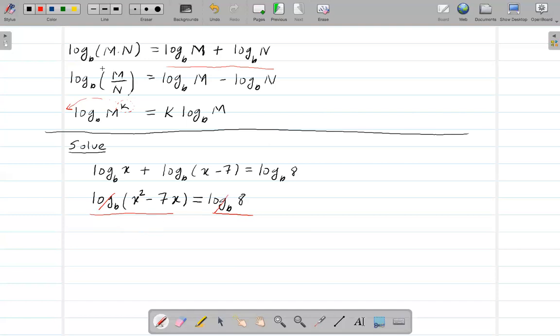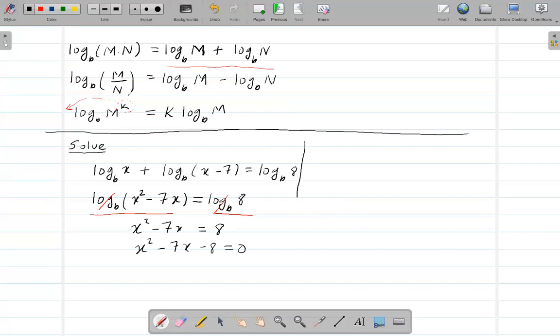So on the left-hand side, we're just going to have x squared minus 7x equal to 8. If I move this to the other side, x squared minus 7x minus 8 is equal to 0.